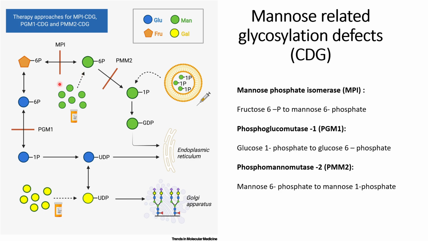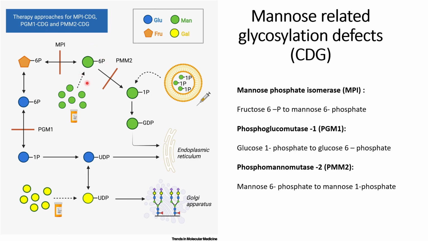One of the therapy ideas that is suggested is to directly inject mannose 6 phosphate into the patients so that they can overcome this barrier, that is, the weakened mannose phosphate isomerase or impaired conversion of fructose 6 phosphate to mannose 6 phosphate.